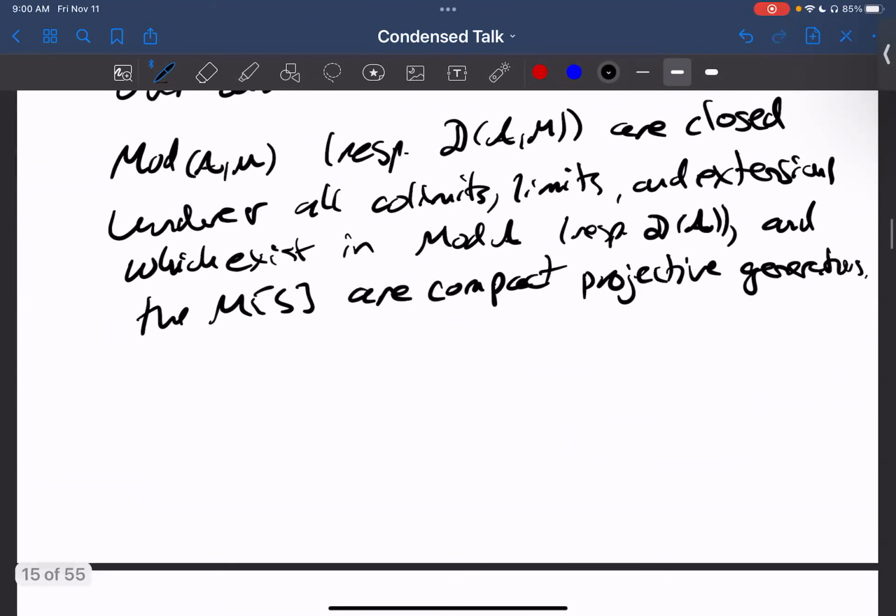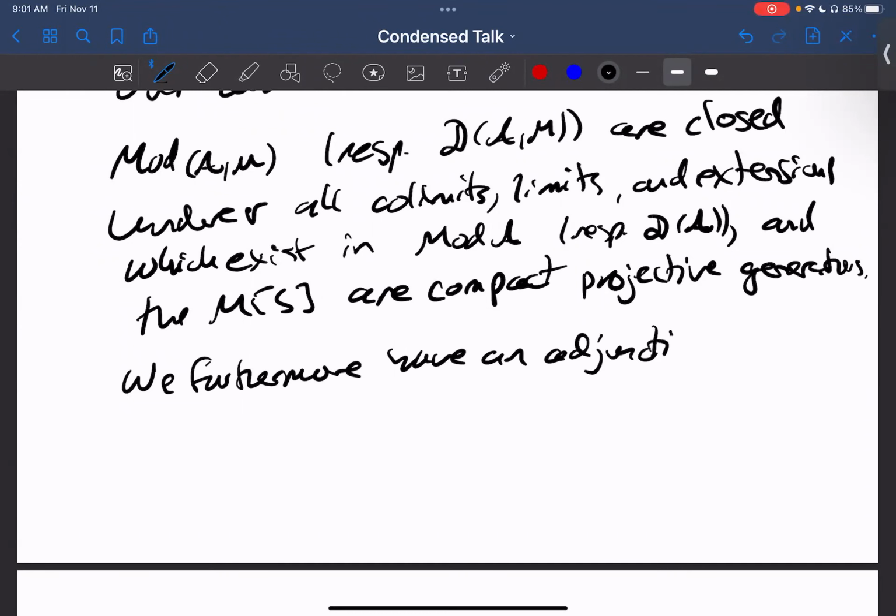Furthermore, we have an adjunction. I'm going to write the derived category version. You can also write the standard version on modules underlying it. Instead of writing a left-right functor for the tensor, I'm just going to write the tensor because we're just going to work with derived objects here. But you can write the same story in the abelian case, just changing a little bit of what I'm saying.